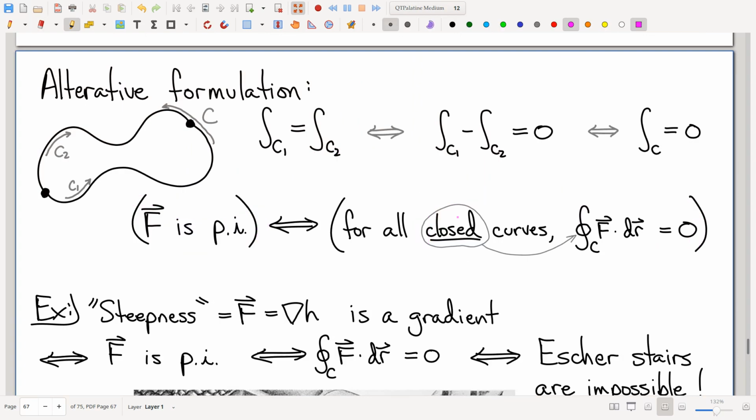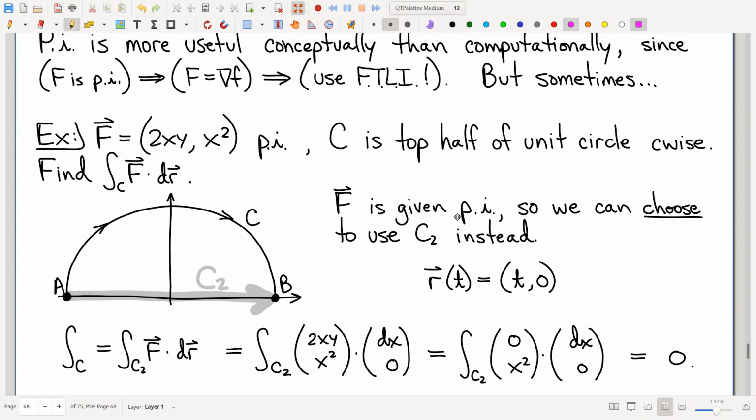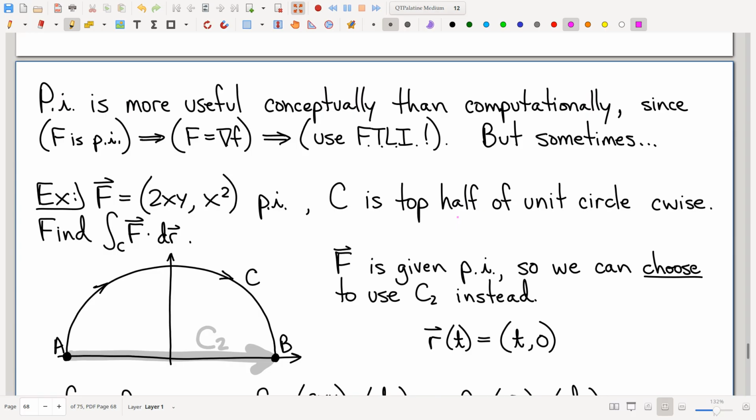All right. Okay. Now, what is this good for? I'm going to say that it's more useful conceptually than it is computationally. But there are pros and cons to that statement. Let me tell you why this is useful conceptually, and I'm going to go back to physics again. Some time ago, might have been Friday, I was talking about how we call certain vector fields conservative because they allow for this idea of a conservation of energy.